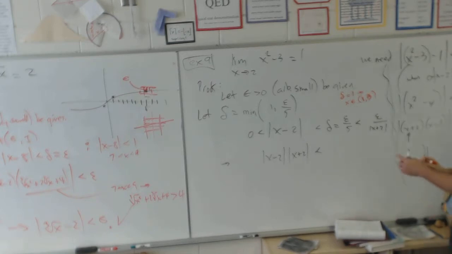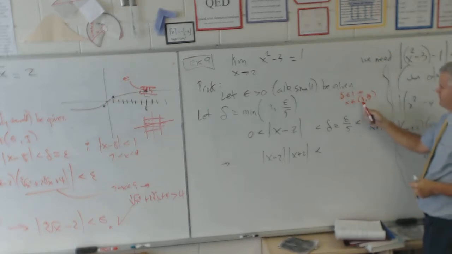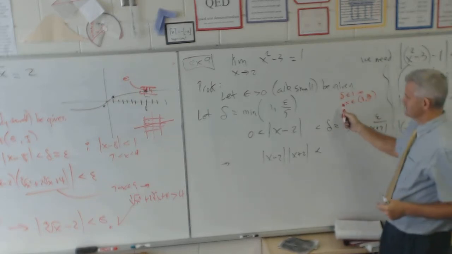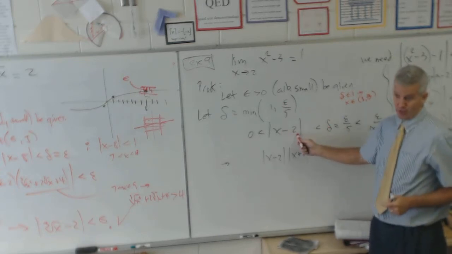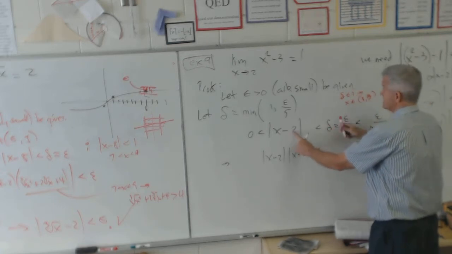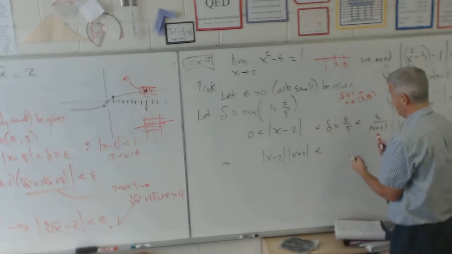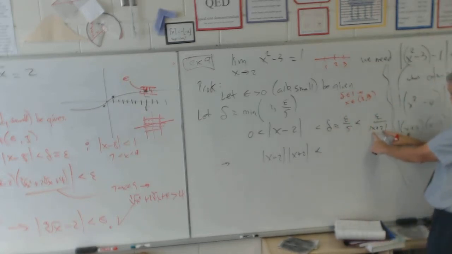With delta being less than or equal to 1, x is certainly going to be between 1 and 3, because delta is the distance away from 2, right? And so if my distance is less than 1, the distance from 2 on the number line puts it from 1 to 3. Now if x is from 1 to 3, adding 2 to it makes it from 3 to 5. And so epsilon over 5 is less than epsilon over 3, epsilon over 4. Should you agree that this is true?